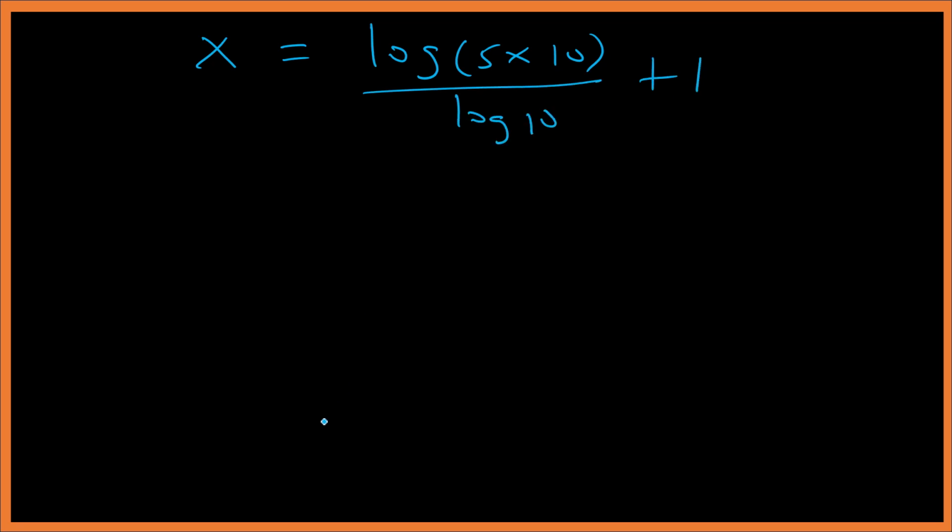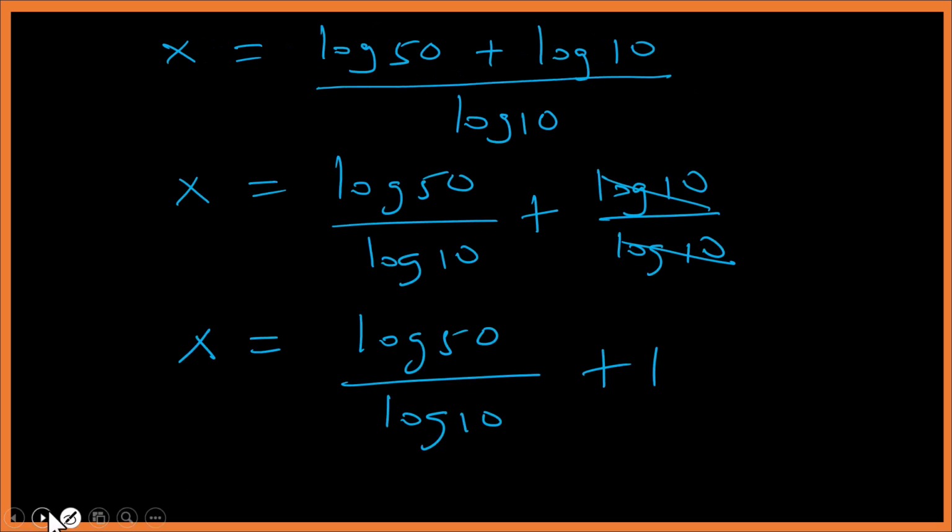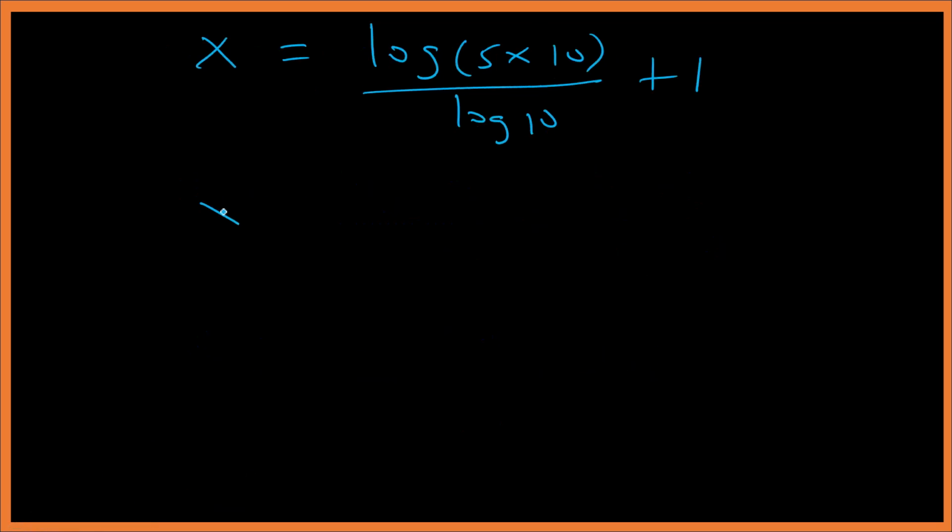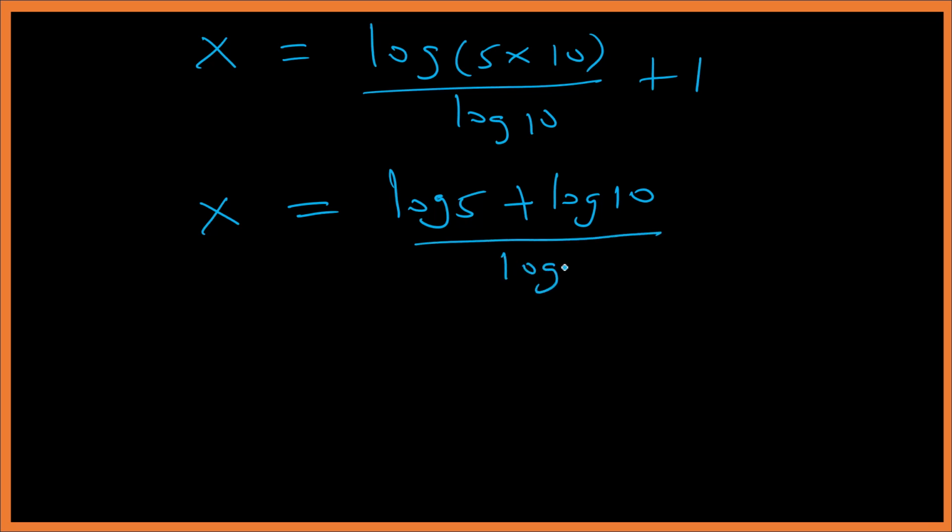Now log 50 is the same as 5 times 10, so x equals log 5 plus log 10 over log 10, plus 1.